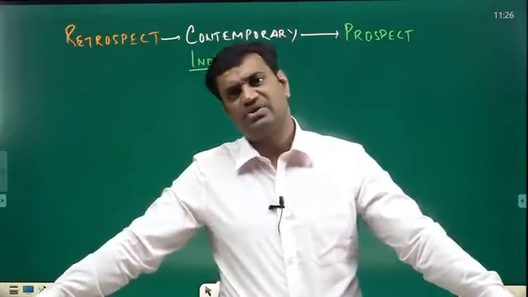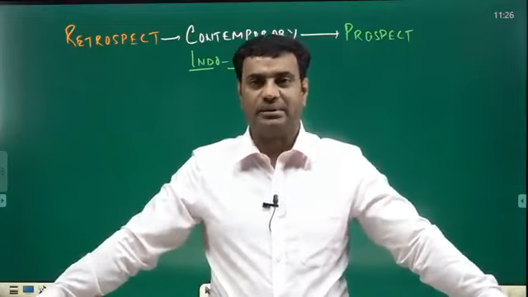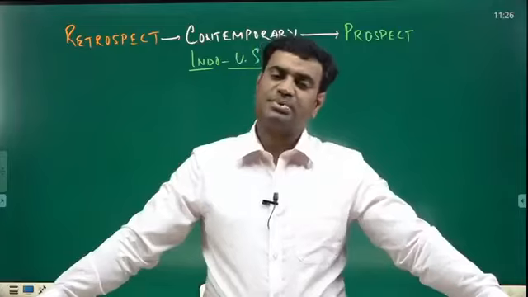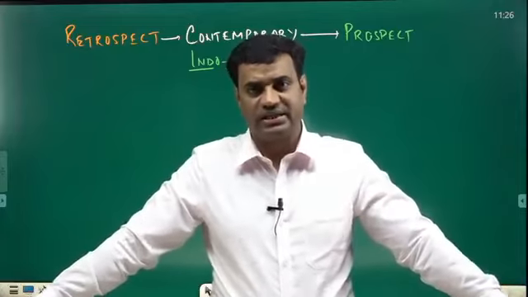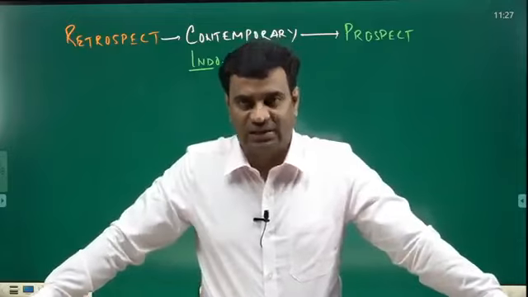As soon as the war started, the United States began to support Britain, but at the same time US President Franklin Roosevelt and British Prime Minister Winston Churchill signed a charter in 1941, known as the Atlantic Charter. Clear?